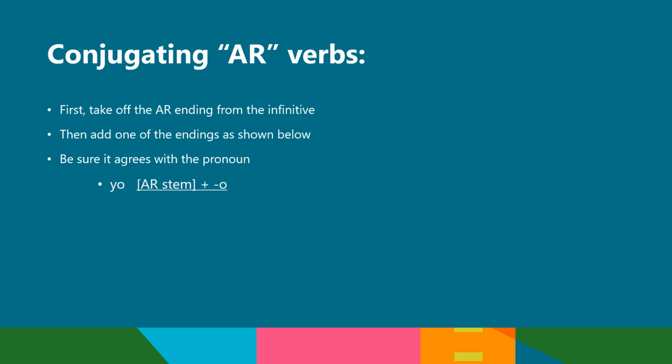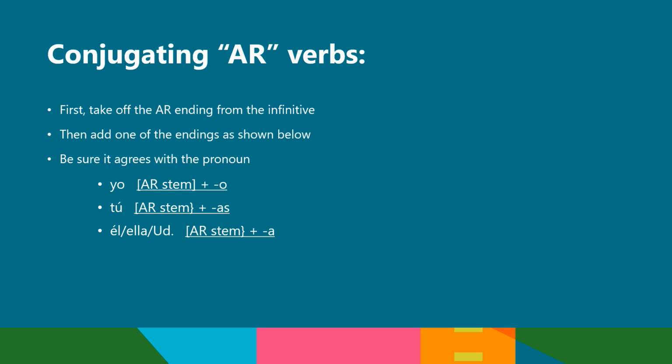So for yo, that pronoun, you need an ending of O. Hablo. See how it works? The stem is habl. Stick that in the brackets and stick an O on the end. Hablo. For tú, you to a friend, you add AS. So hablas. See?